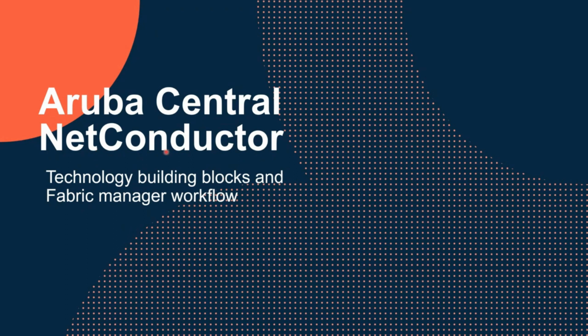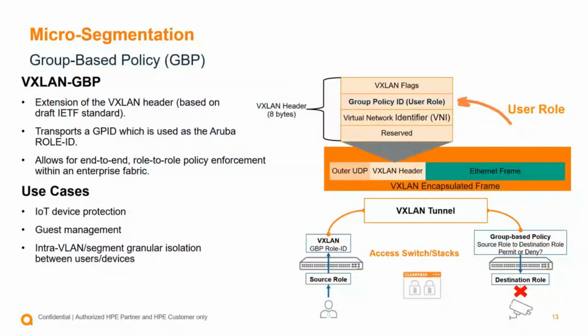So let's go on to some of the building blocks that we have. Let's give you an idea of how it works underneath Central and the user interface. So for the micro-segmentation part, it's all based on group-based policies, a draft standard that the IT industry is following. So it's an enhancement of the VXLAN header to provide a group policy, a role ID, and we map the user role to this GPP, the group policy ID.